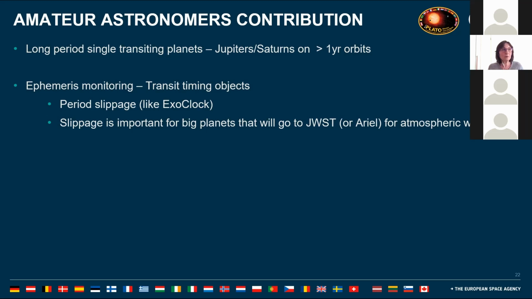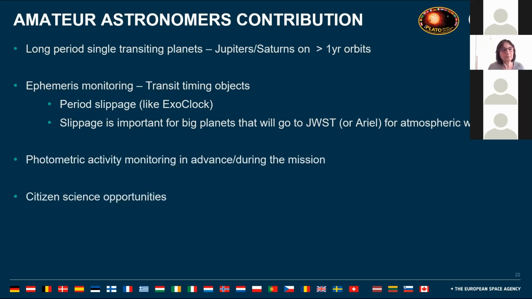And this is also very important, because we will have observatories like JWST, like Ariel, that are going to do atmospheric characterization. And in the same way as ExoClock, they need to know very precisely when the transit happens. They cannot afford to waste time waiting for the transit or missing the transit. And therefore, this exercise is fundamental.